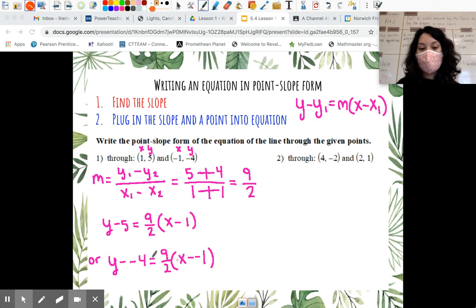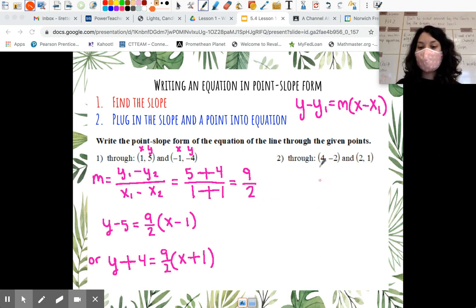So the only thing that I would simplify here is I would change these double negatives into pluses. So either of these equations would be an acceptable answer. So this is what I was talking about at the very beginning of the lesson, that there's different ways to get the correct answer for point-slope form.